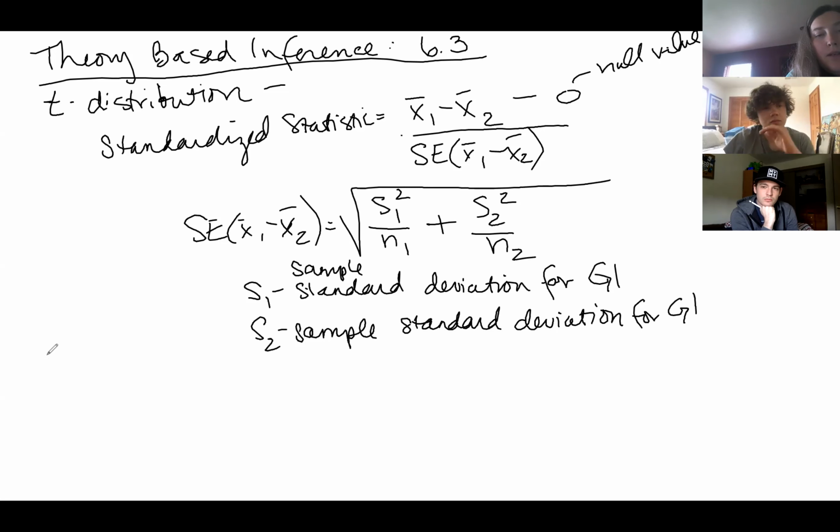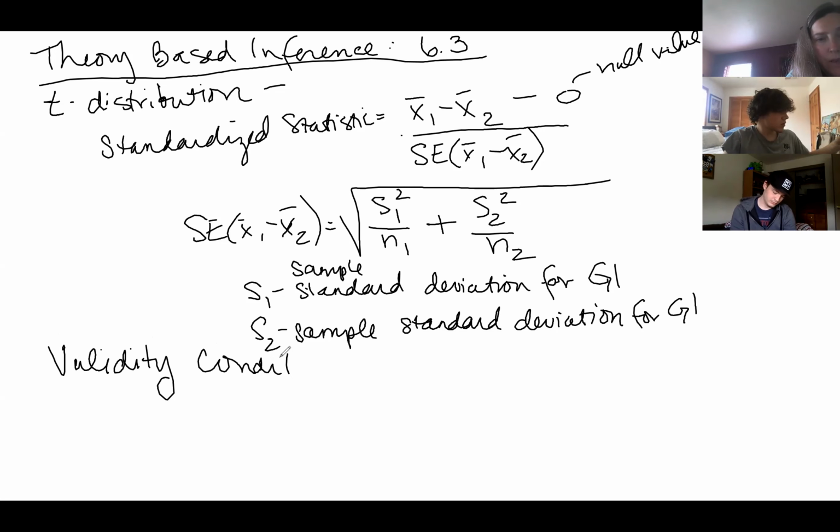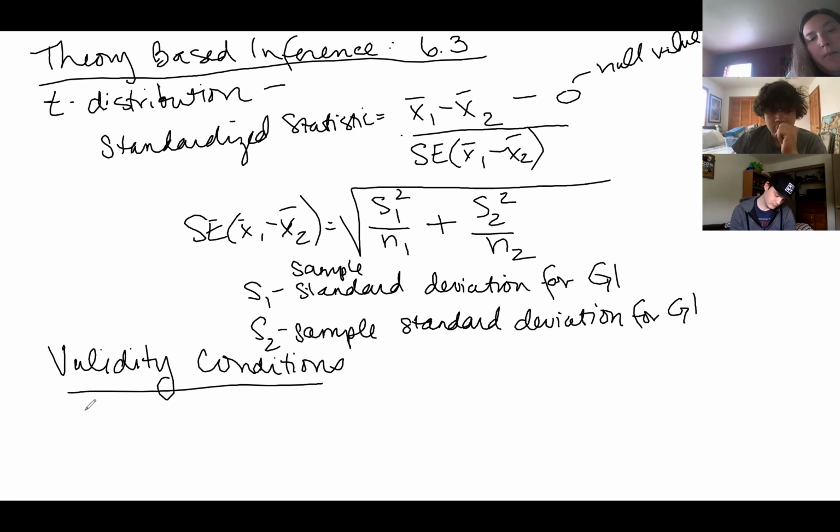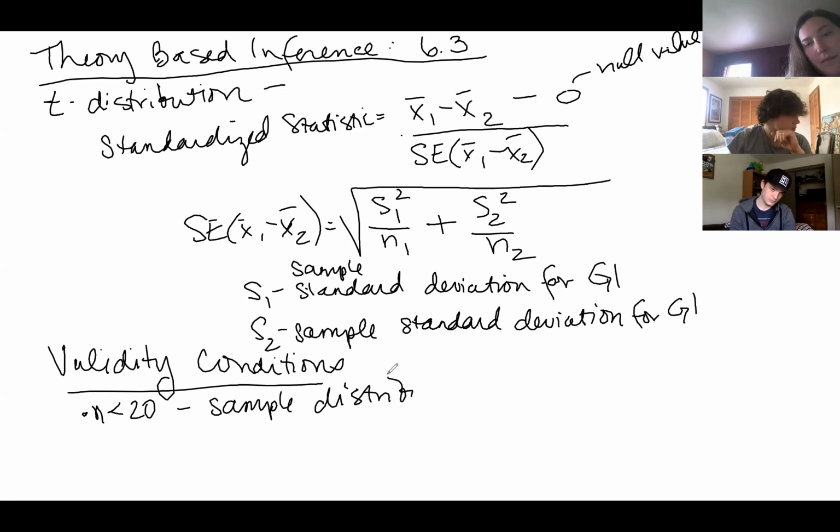So let's talk about validity conditions really quick, because they're a little different when we think about quantitative data. For quantitative data, if our sample size is less than 20, then the sample distribution must be symmetric.